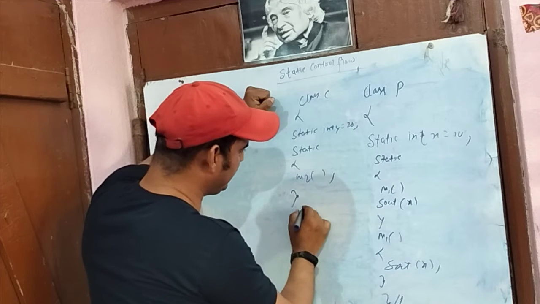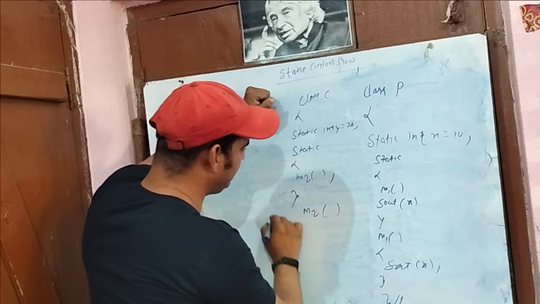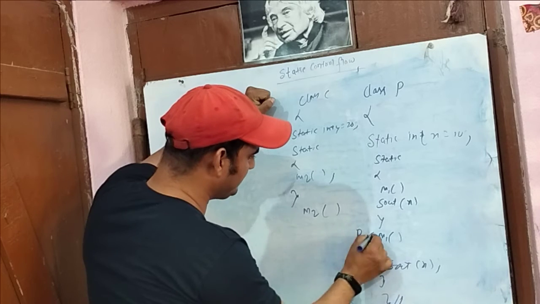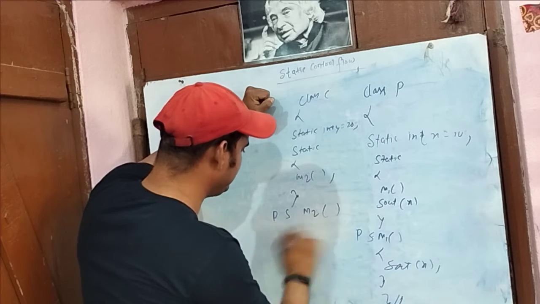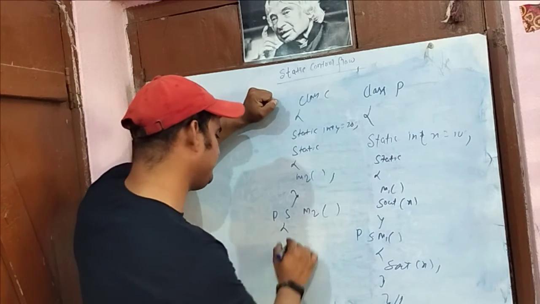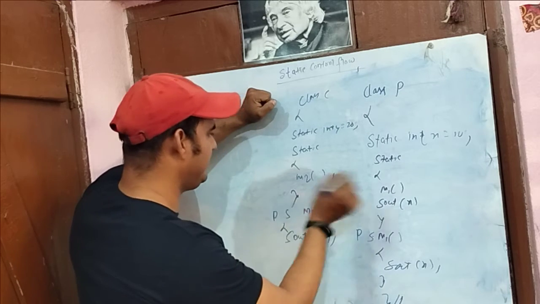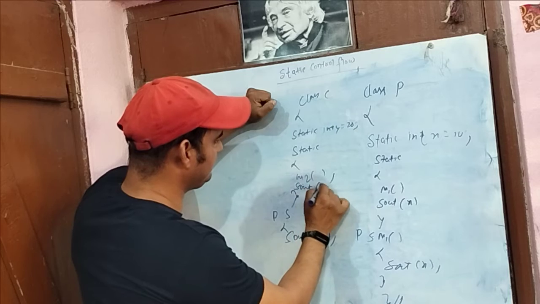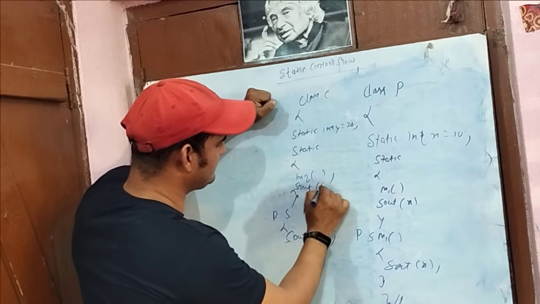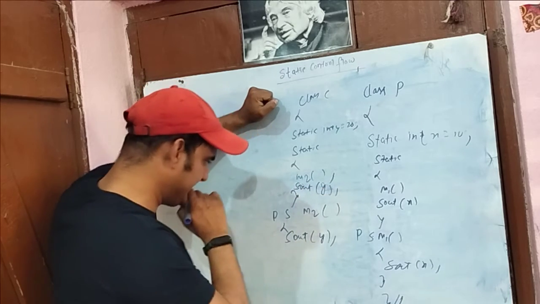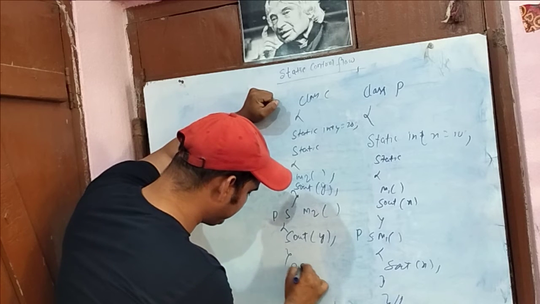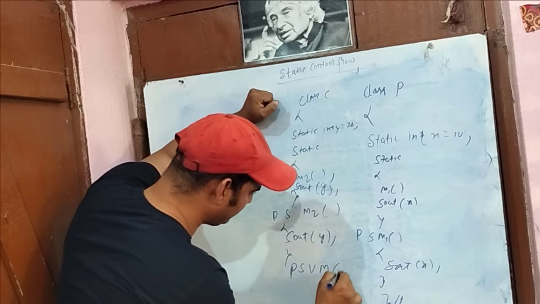We have defined m2, public static m2, and inside this I have called S out of y, and S out of x also, and after that I have written main, public static void main of String args.